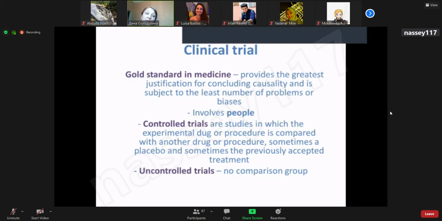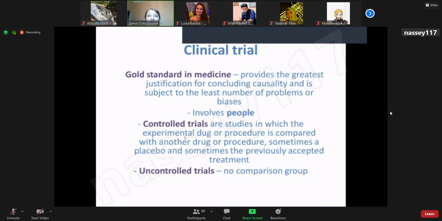Clinical trial is recognized as the best justification for concluding causality, and for this reason, it's recognized as a gold standard in medicine. Obviously, the controlled trial is better than uncontrolled because in this case, we will compare either a drug and a placebo, or we will compare a drug with another drug.